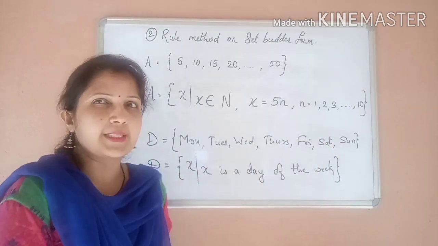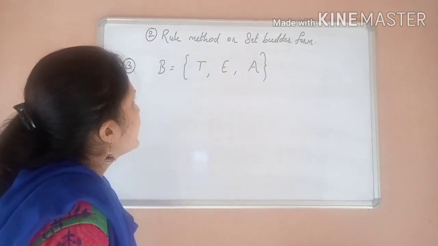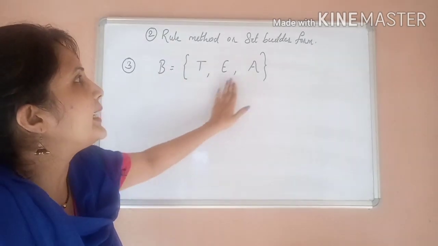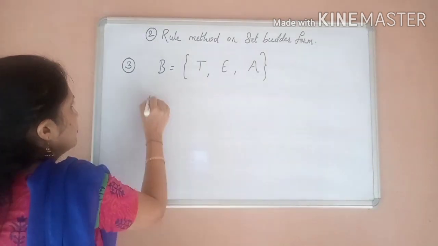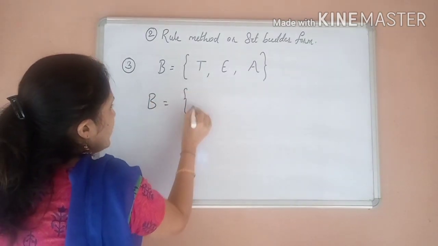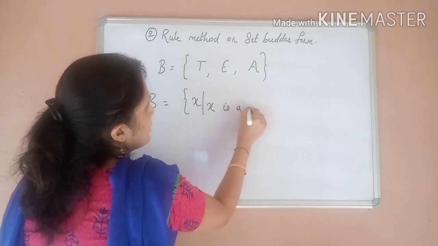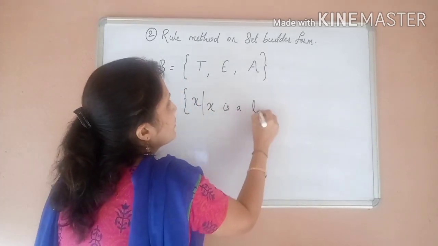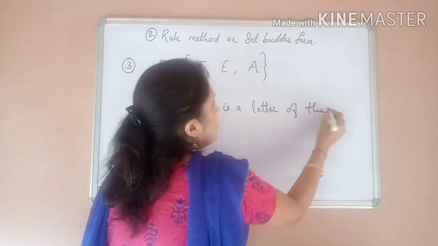Okay, one more example we'll see. See here, B is equal to TEA. Now I will write down B is equal to x such that x is a letter of the word.